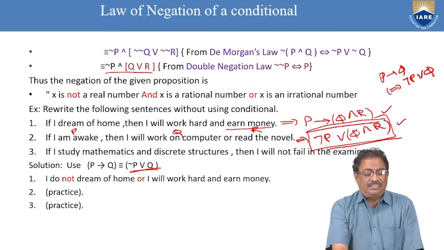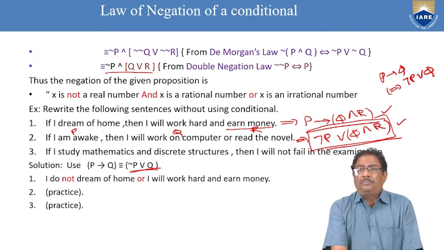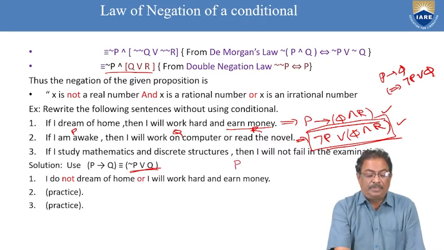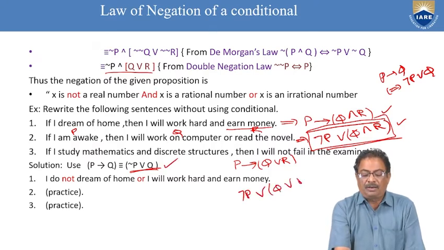So based on this, P is I am awake, Q is I will work on computer, and R is I am reading the novel. So once again this will become if P, then Q or R. Once again we have to apply the same formula, so this is negation P or Q or R.